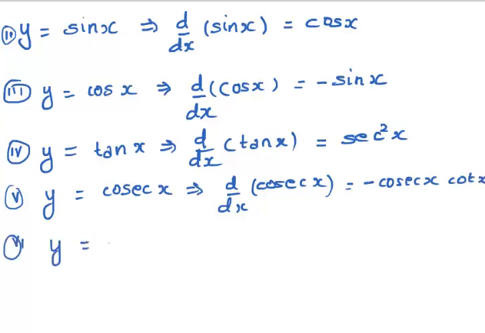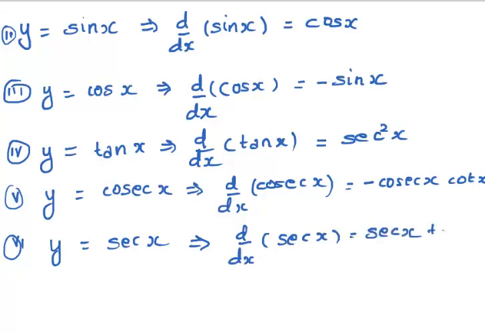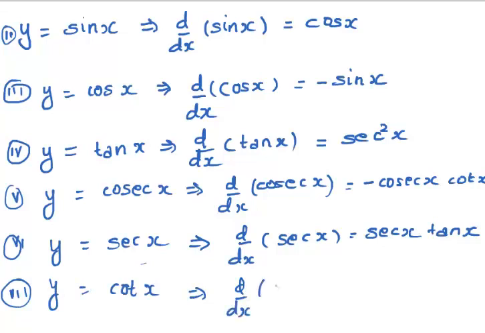If y is equal to, let's say, sec of x, then differentiation of sec x you need to memorize is simply sec x into tan x. Next formula is for cot x. Differentiation of cot x with respect to x is simply minus cosec square x.